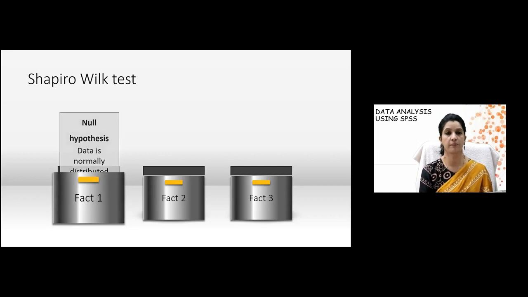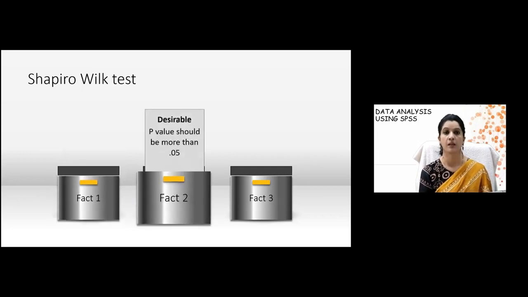So if the value of P comes here more than 0.05, then we say that the data is normally distributed, because the null hypothesis says, usually we always take the null hypothesis that there is no association. But here the null hypothesis is opposite. The null hypothesis states that the data is normally distributed.